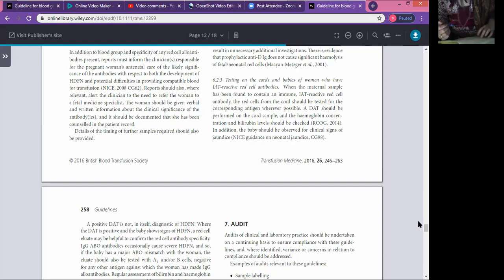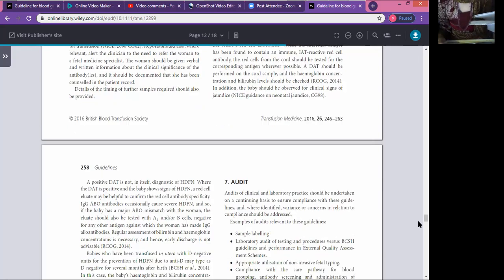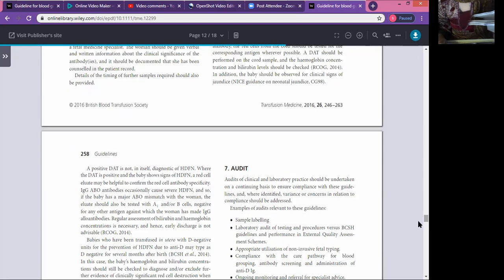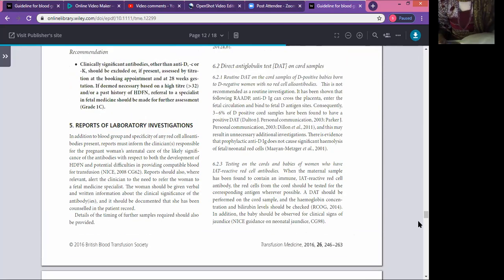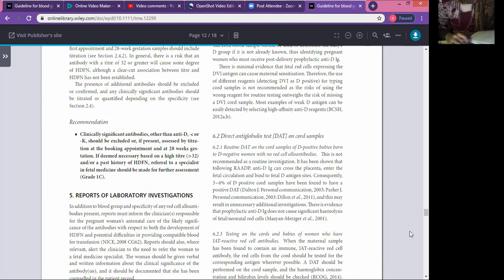But there are no further recommendations in the guidelines to go about further testing them if there is no history of HDFN. So only those with a history of HDFN or a higher titer, more than 32, merit referral to a fetal medicine center. So for antibodies other than D, C, and KEL, only the titer and the history of HDFN are important.